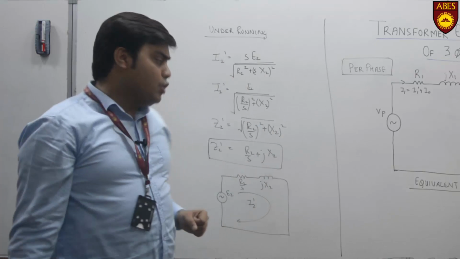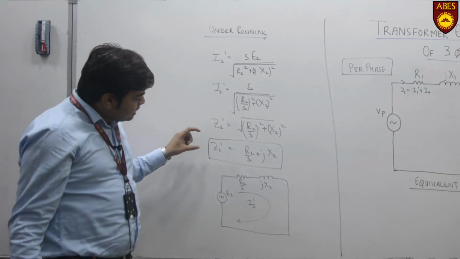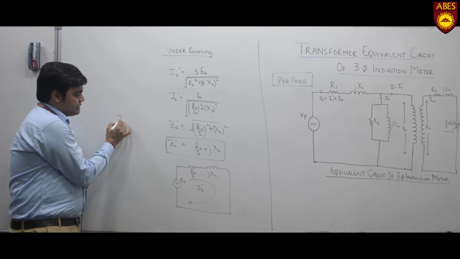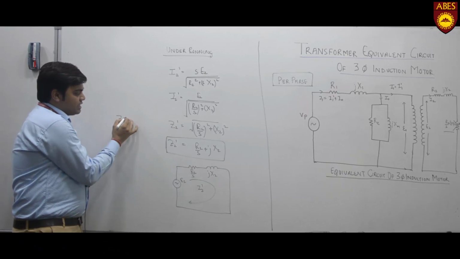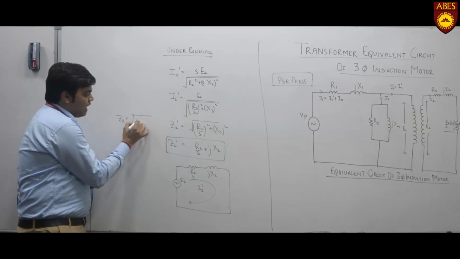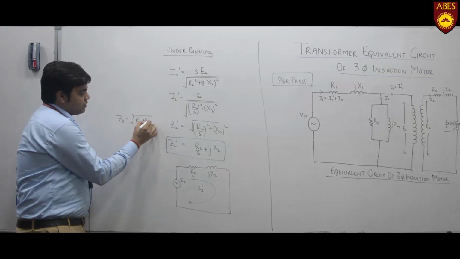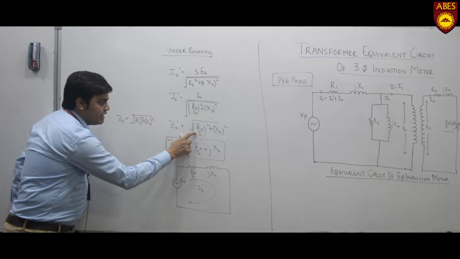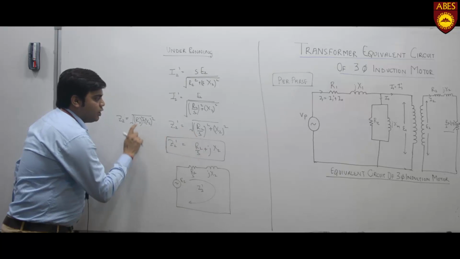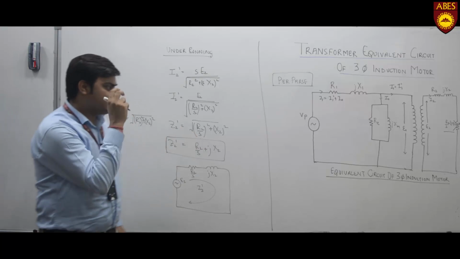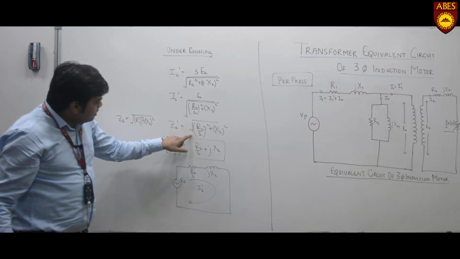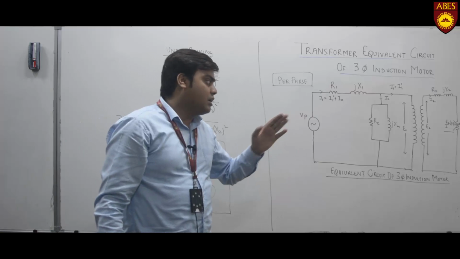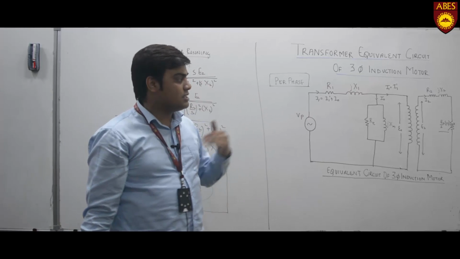Now it is interesting to note, if I compare this model with the Z2 at standstill, which is R2 plus JX2, the difference you can see is by S. Now if I somehow nullify this difference, I can go to the rotor which is not running, which is at standstill.